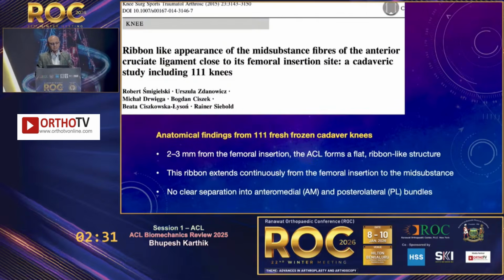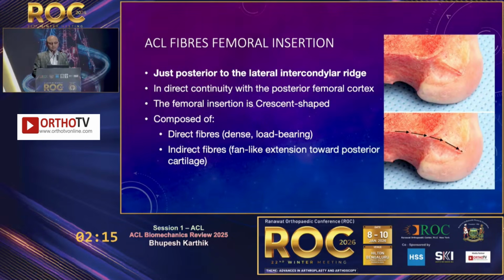Then came Smigielski's study. It was done on 111 fresh frozen cadavers, and he said the ACL is flat and ribbon-shaped in the center, and there is no separation between the AM and AL bundles anatomically. The femoral insertion, according to him, inserts just posterior to the lateral intercondylar ridge and in direct continuity with the posterior femoral cortex.